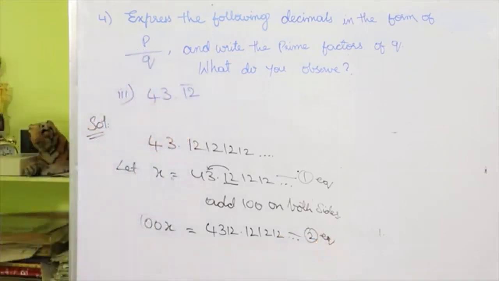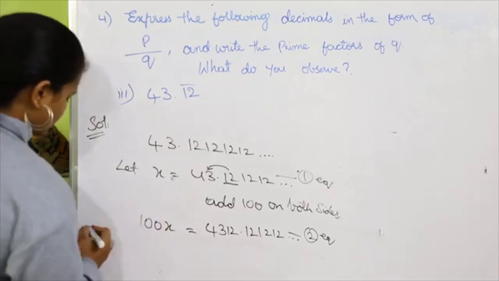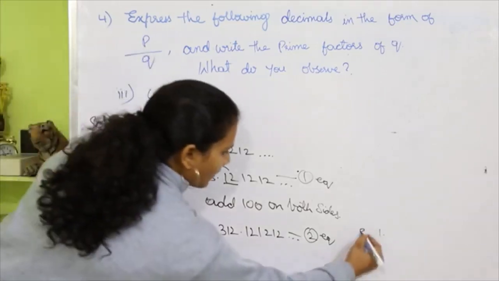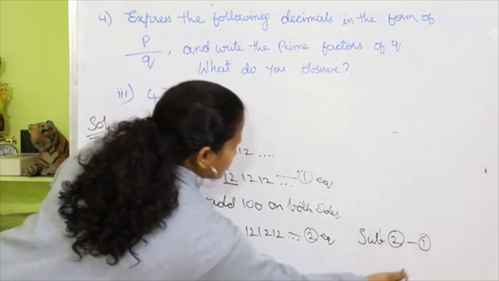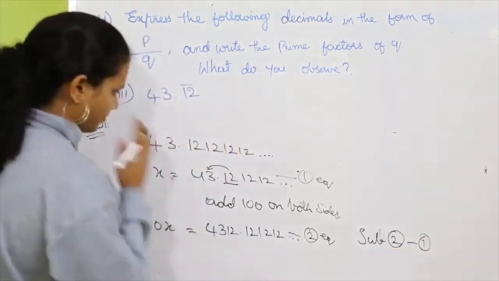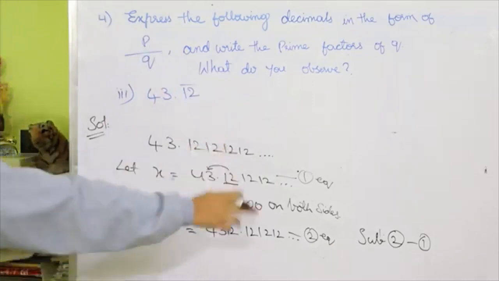So let this be the second equation, or equation number 2: 4312.1212, it goes on. Now, what do you do, guys? Subtract the first equation from the second, equation 2 minus equation 1.